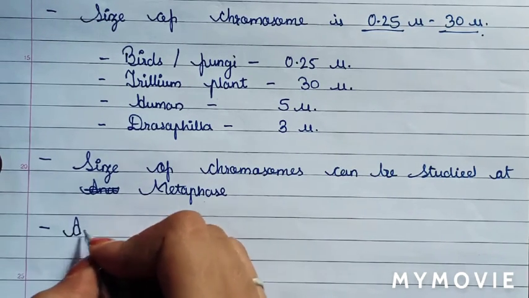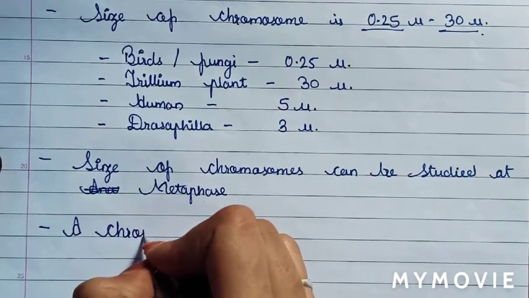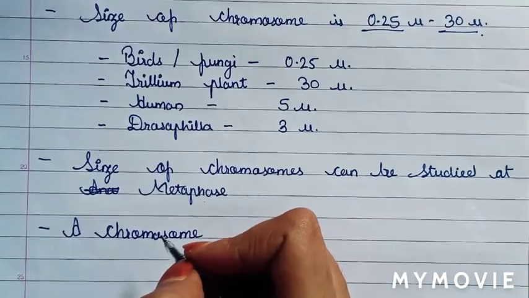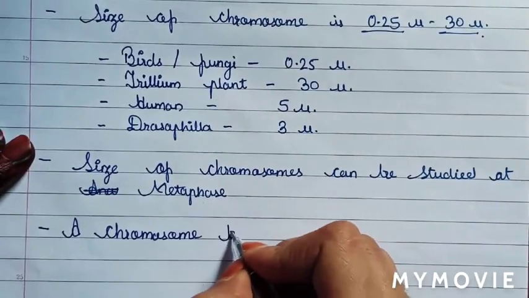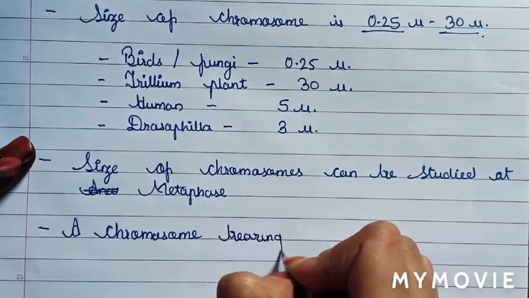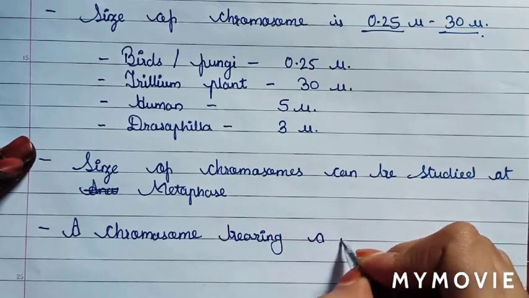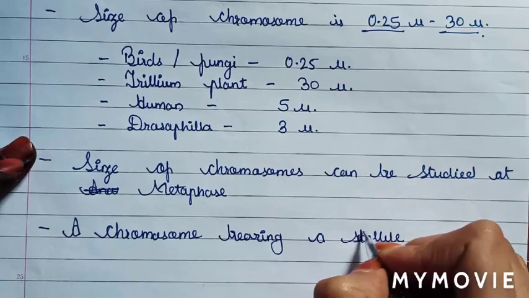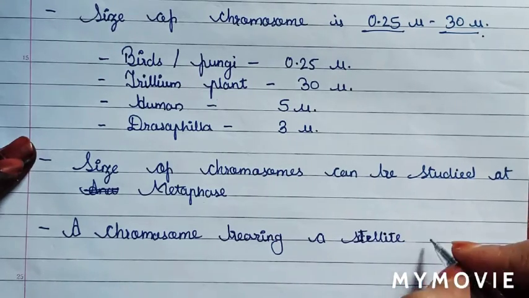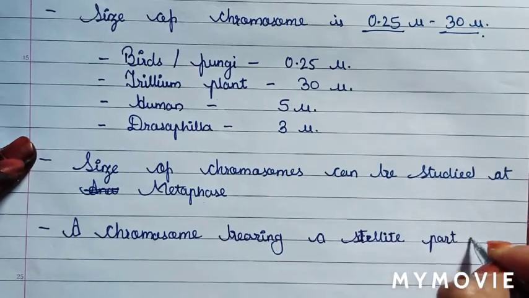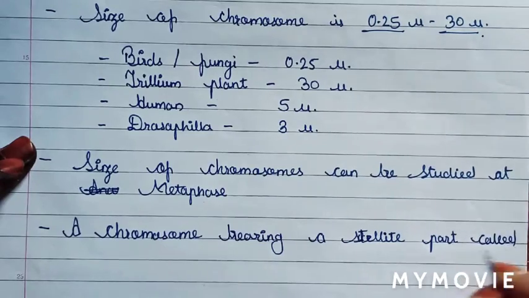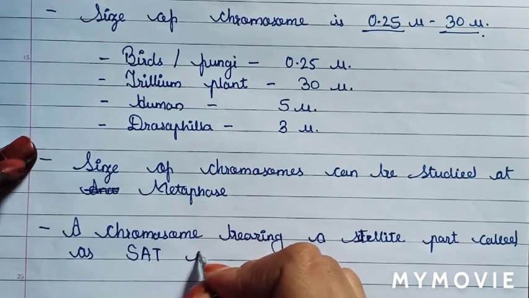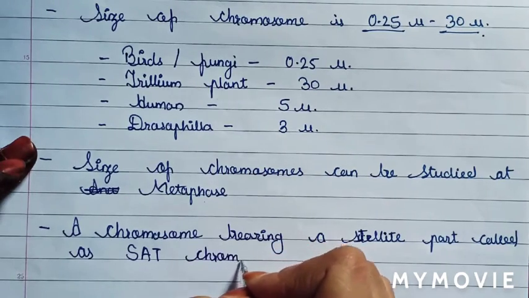Okay, a chromosome bearing a satellite part is called a SAT chromosome.